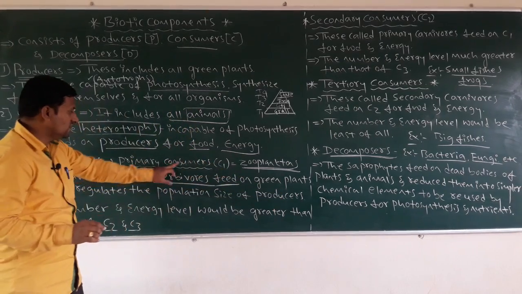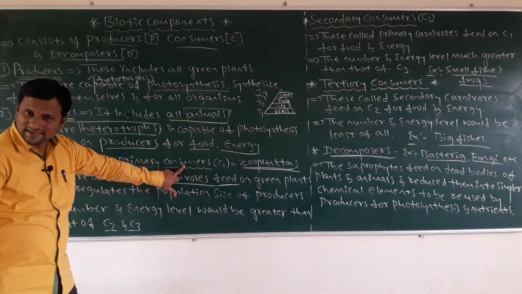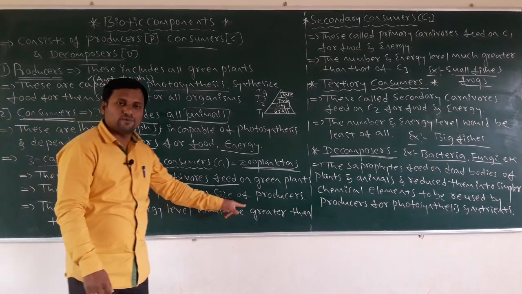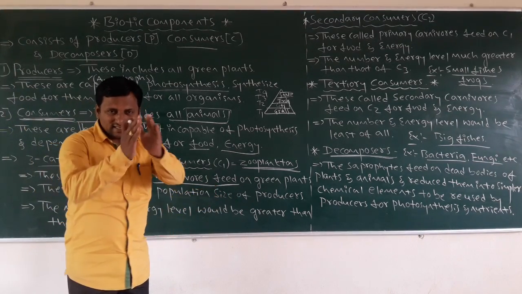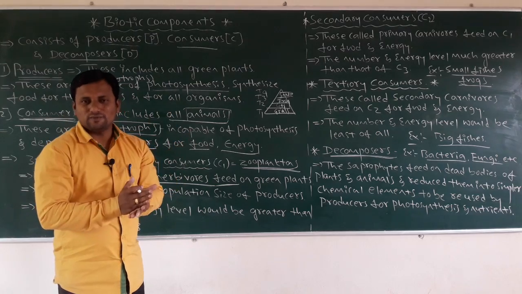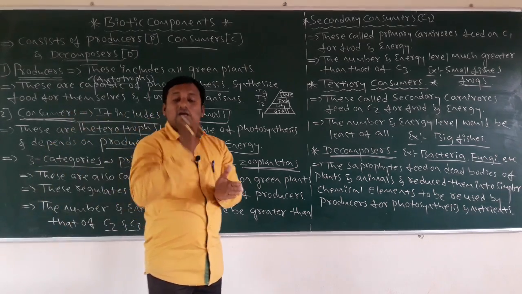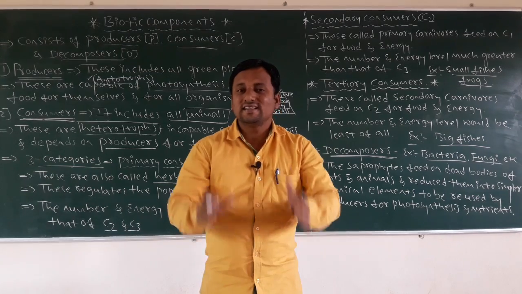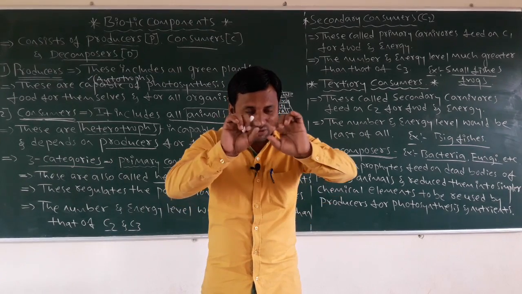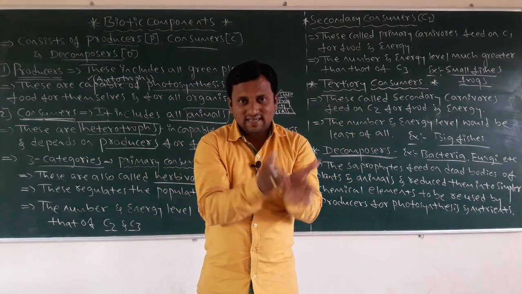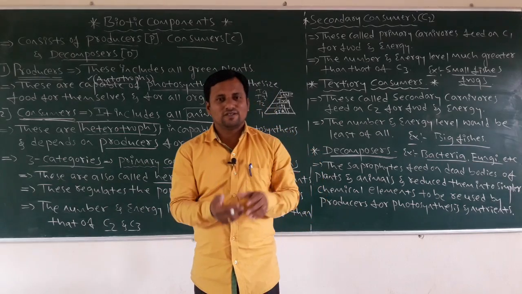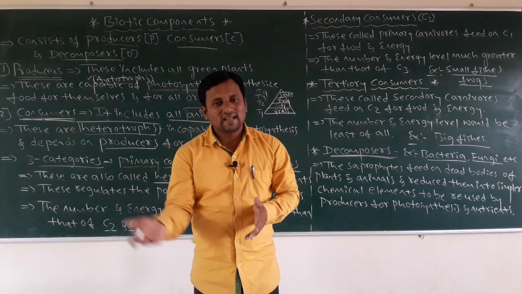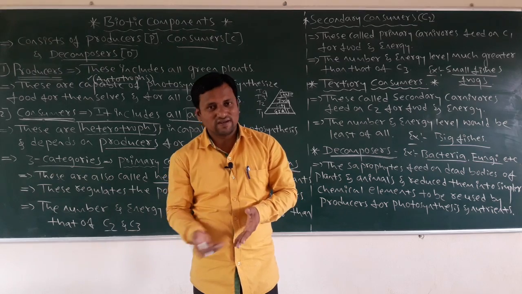Those are called primary consumers. Next, these regulate the population size of producers. How much percentage or how many producers will be present in that habitat, that variation takes place because of the herbivores only, because herbivores feed on plants, grasses, phytoplanktons.